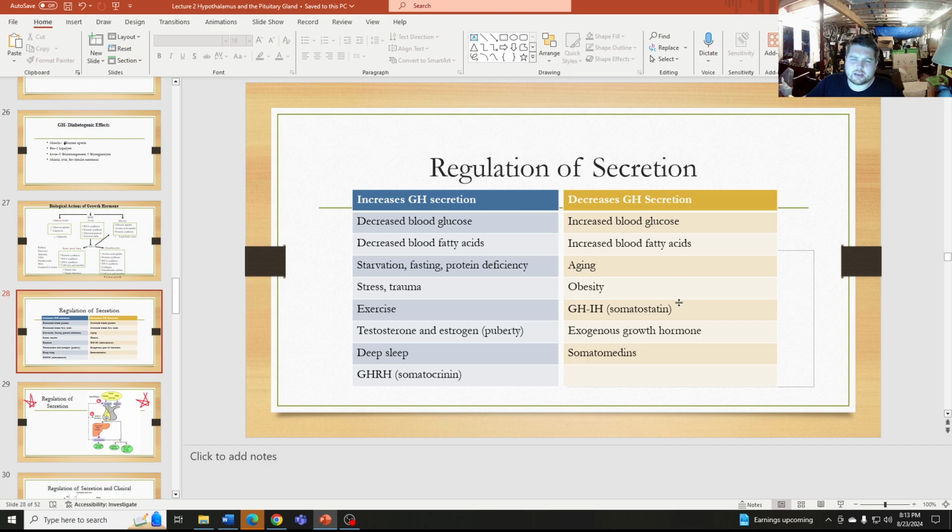This chart is a little bit confusing. Spend a little bit of time walking through this and understanding what's going on. With an increase, growth hormone secretion will happen due to all of these down here. A decrease in growth hormone secretion will be connected to all of these down here. GHIH is the growth hormone inhibiting hormone.